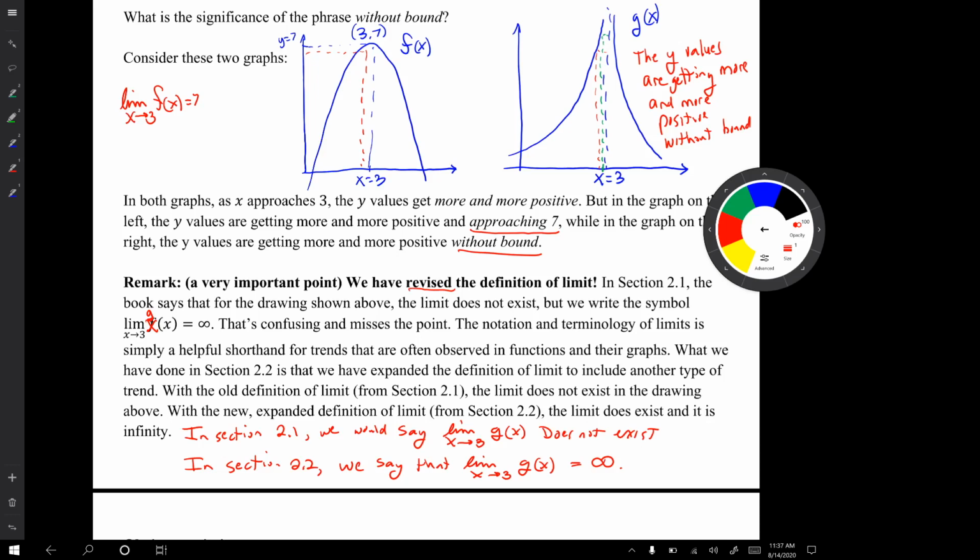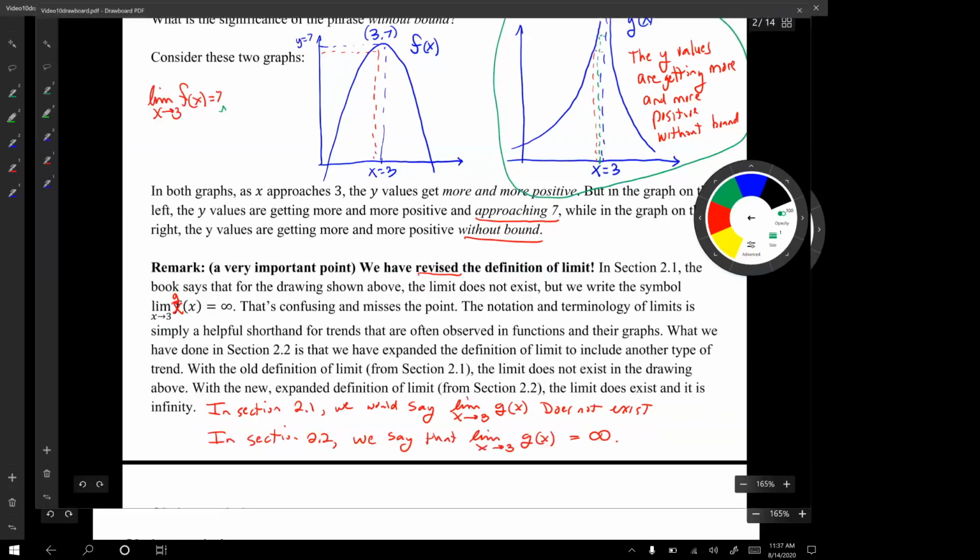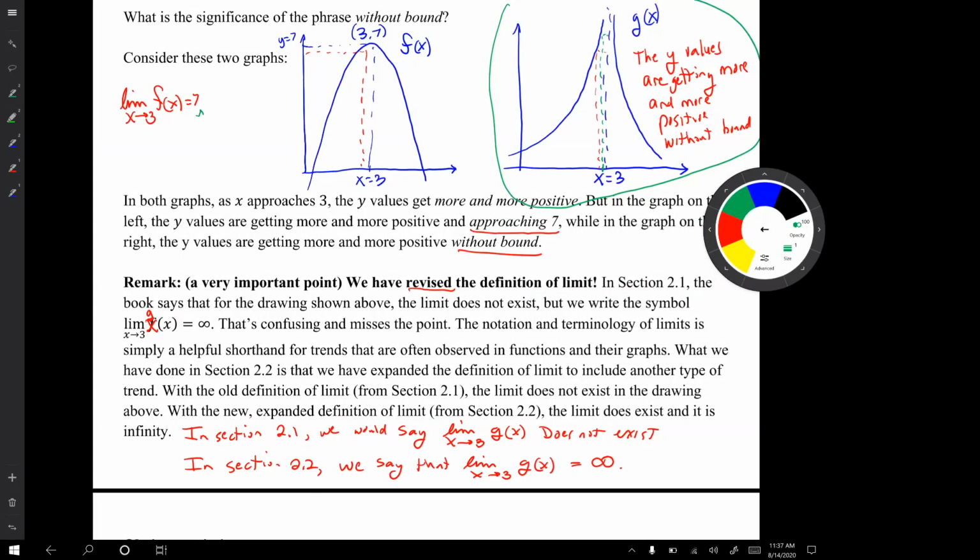So in section 2.1, we had pictures like this, and limits were always numbers. And in section 2.2, we can still have pictures like that, but we also are going to have pictures like this, where the limits can be infinite.